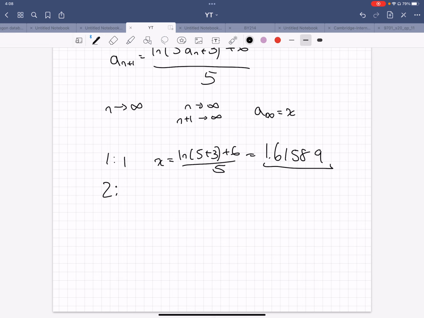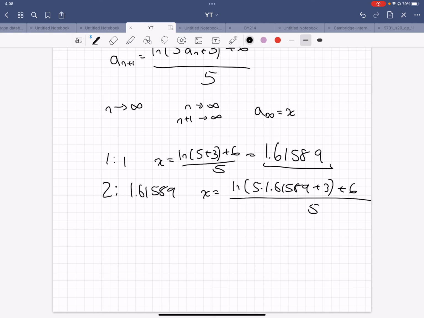So for the second time, we say x equals (ln(5 times 1.61589 plus 3) plus 6) over 5. And so a little tip for doing this is don't actually plug in this value every time because it gets really annoying after a while.